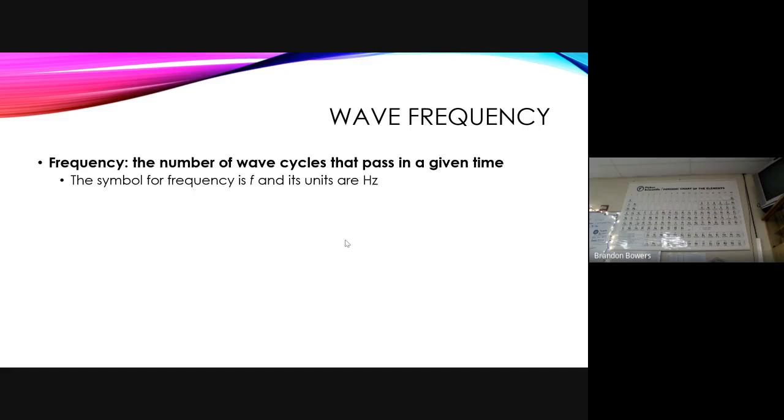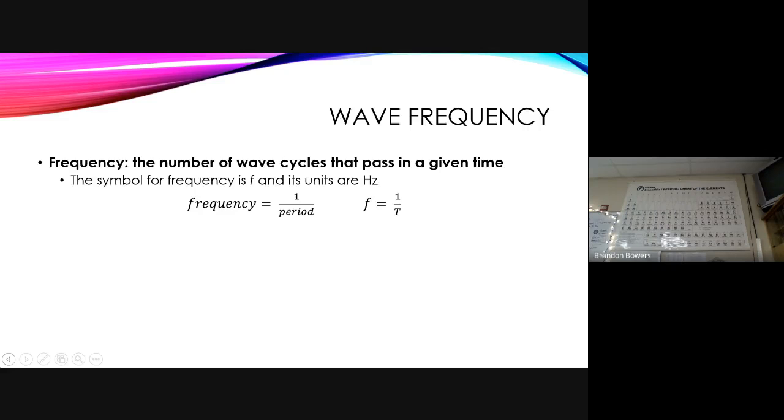That's a lot of waves. That's pretty crazy, huh? Okay, so that's frequency. That's the difference. And this is measured in Hz. Hz stands for hertz. Okay, good?